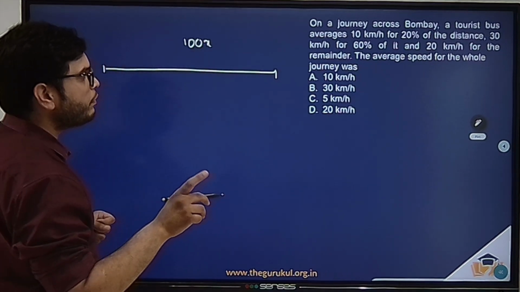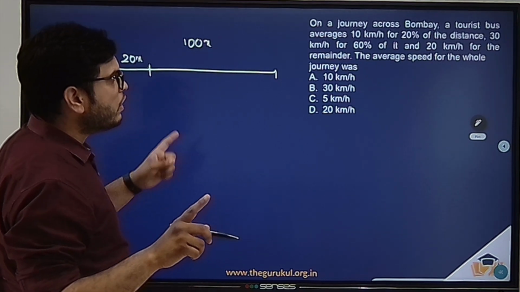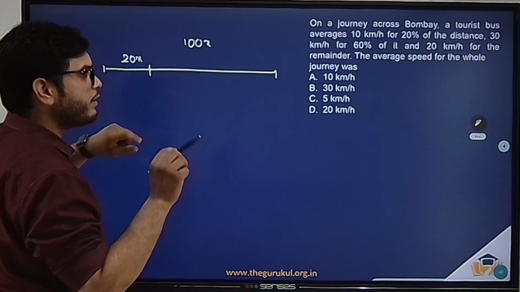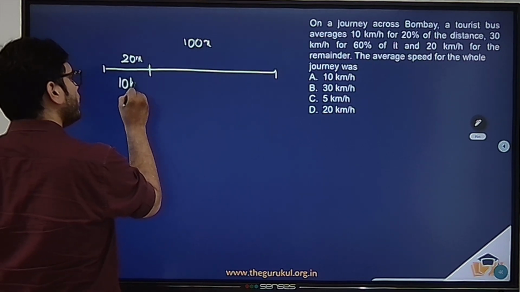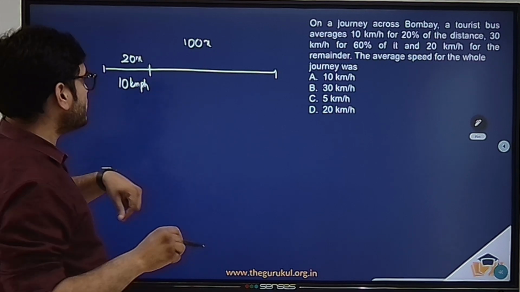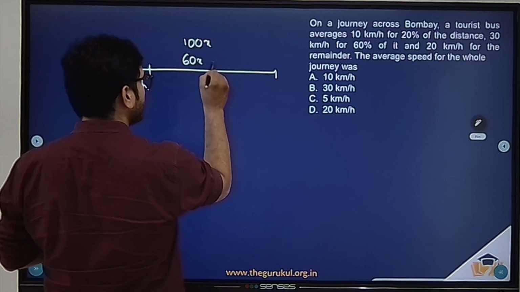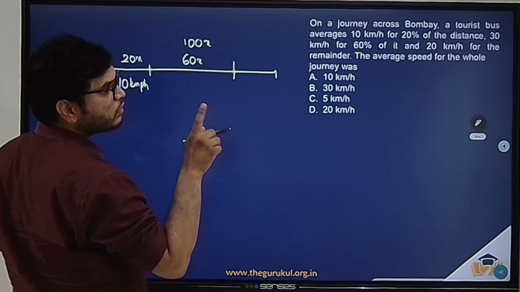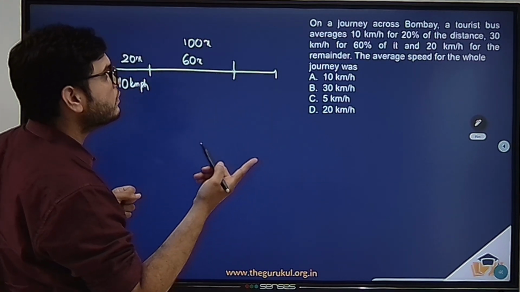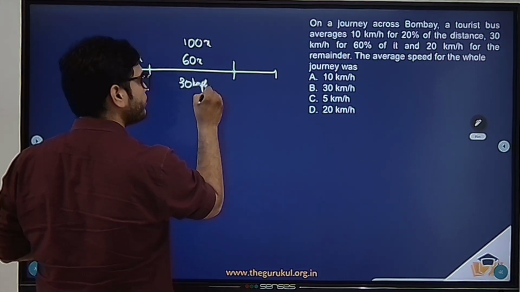For the first 20%, that means for 20x kilometers, the average speed was 10 kmph. Now for another 60x distance, the speed was 30 kilometers per hour.